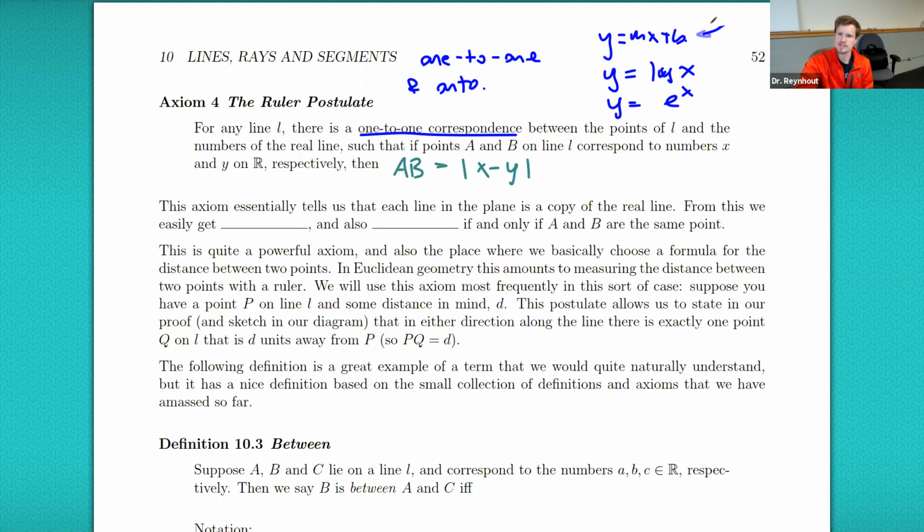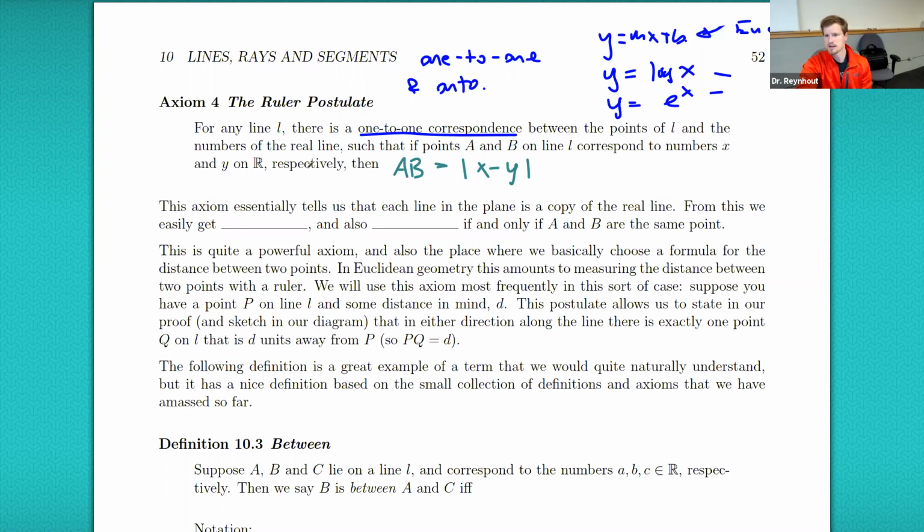So this is essentially what gives us a Euclidean geometry, and the others give us things that are not Euclidean, things that are not a linear relationship. It's a good piece of information, though I suppose it's not necessary for us to know that it's a linear correspondence.